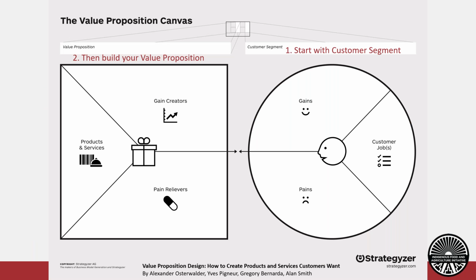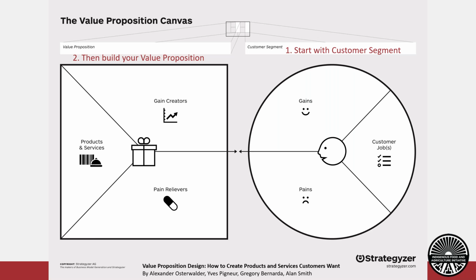So this is the value proposition canvas. Start on the right side and think about your customer segment. Who is that customer? What are their jobs? Is your customer a working parent, and their jobs are to get food on the table for their 4 kids? Think about the gains.